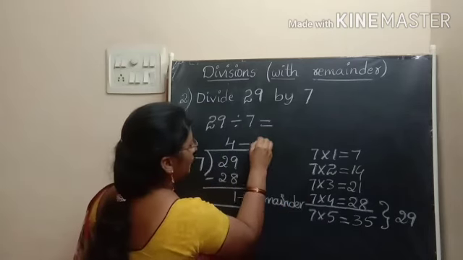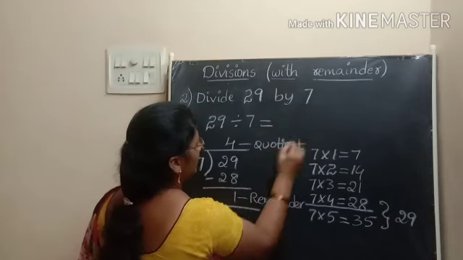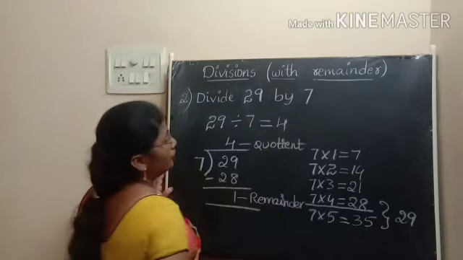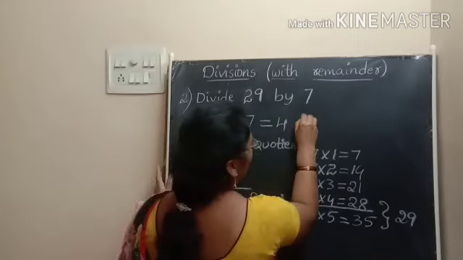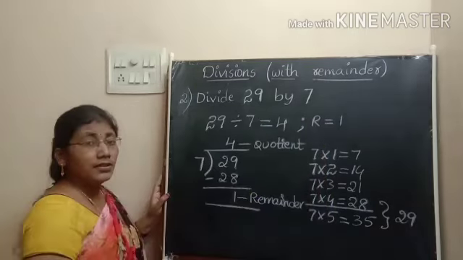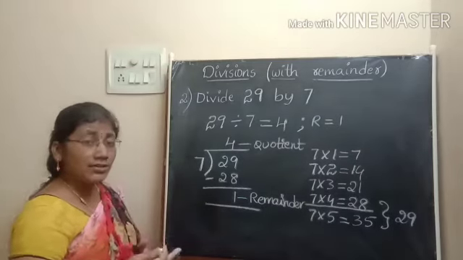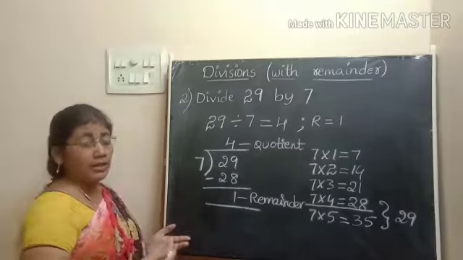And this is the coefficient. This is called the result. So 4, and here the remainder is 1. Understood? Let us check our division. How can we check? Already we know that formula.